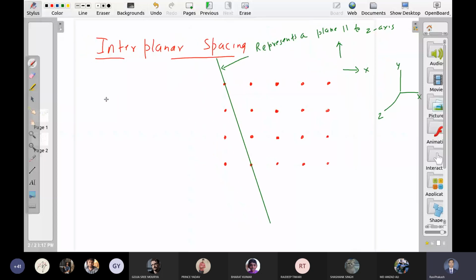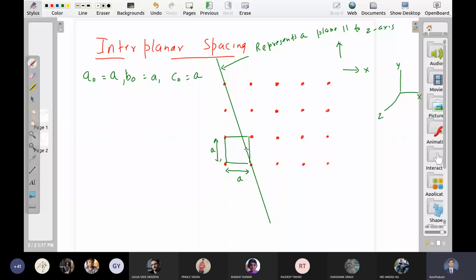So A naught is, let us say, this gap, this is the unit cell here. This is a unit cell, right? So unit cell has size A along x-axis, it has size A along y-axis. Let us say it has same size along z-axis also. What are the intercepts? Along x, how much is the intercept? A divided by the unit cell.